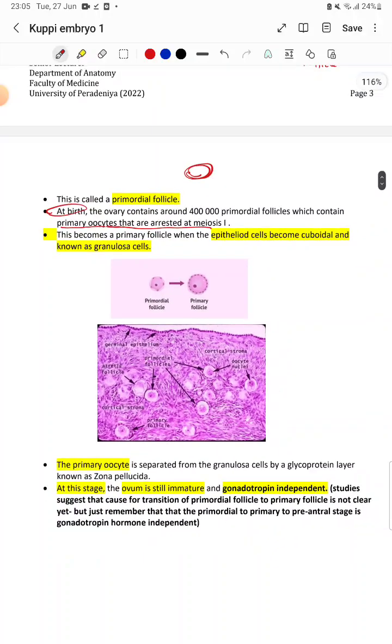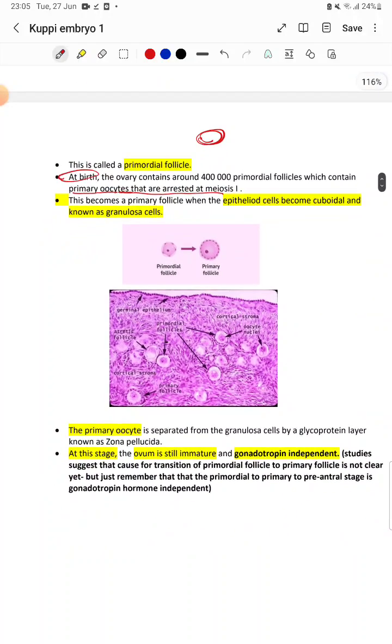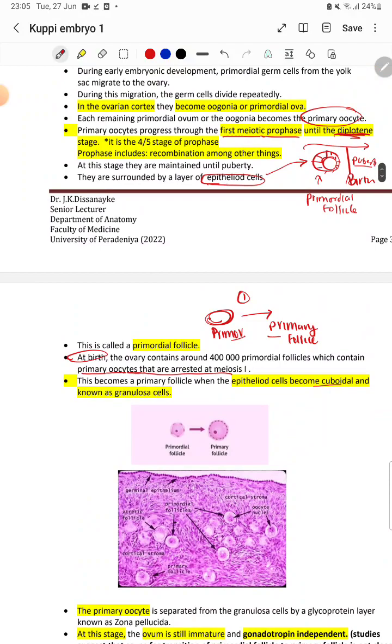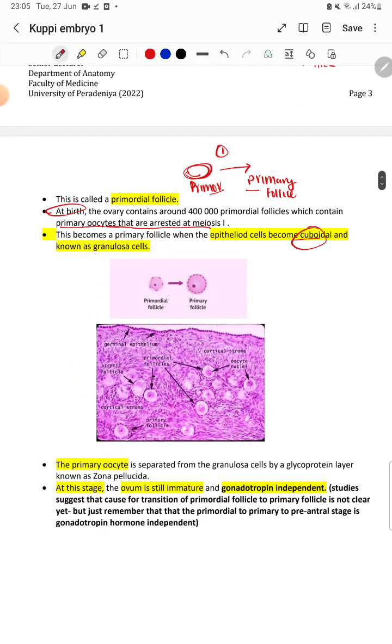So you have the primordial follicle, and it becomes a primary follicle. The real difference between the primordial follicle and the primary follicle is that, first of all, the flat epithelioid cells I mentioned earlier will now become cuboidal in shape, and also more stratified, meaning more layered.